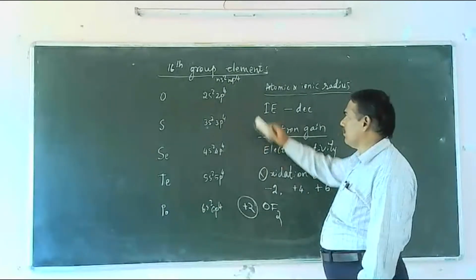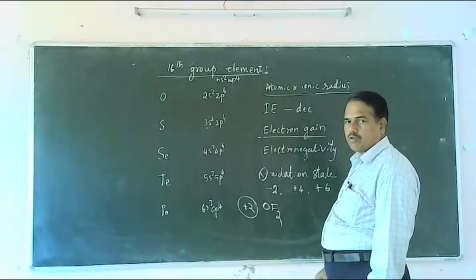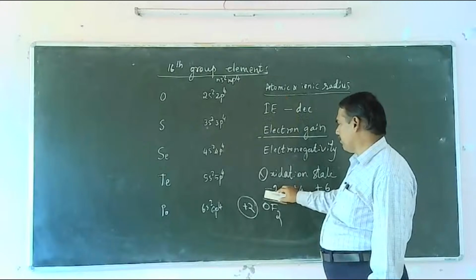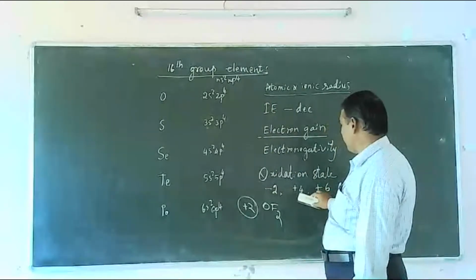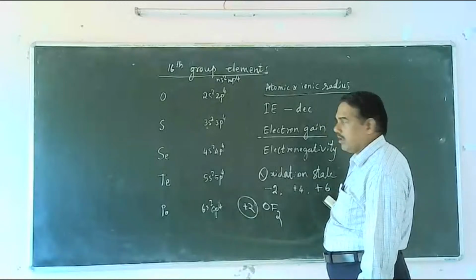Are you clear? So generally group 16 elements show the -2 oxidation state, which is favorable for oxygen, and +4 and +6.